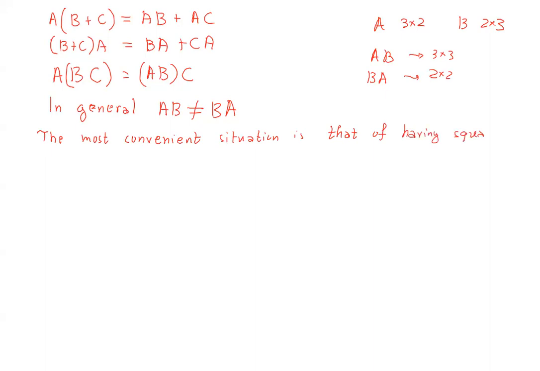If you have square matrices, then we have what we call an algebra. Sometimes we denote it by M n by n matrices, where now we have three nice operations. So we have addition of matrices, we have scalar multiplication of matrices, and we have product of matrices.